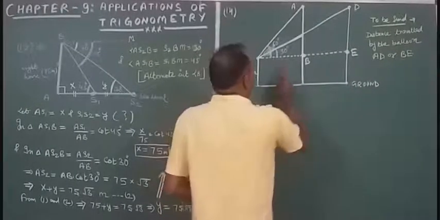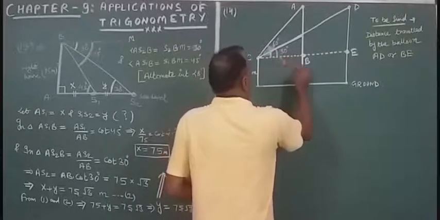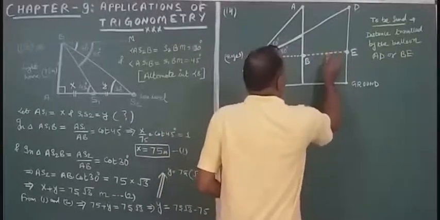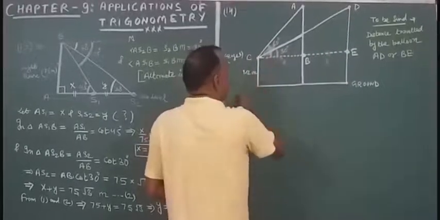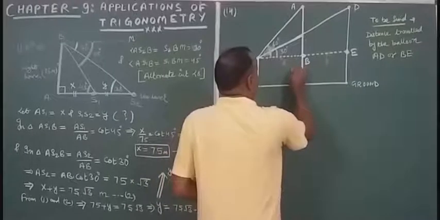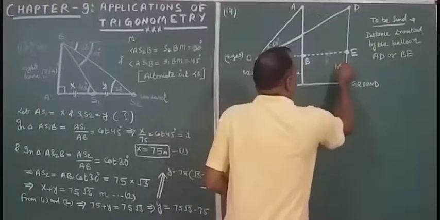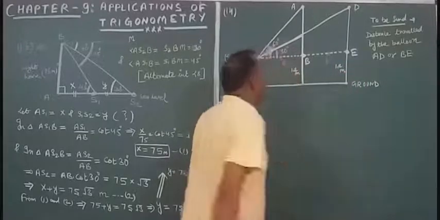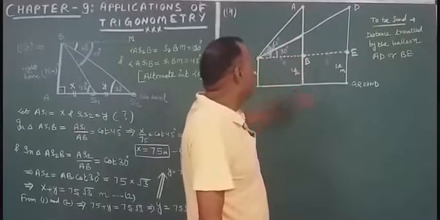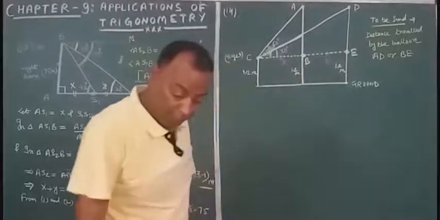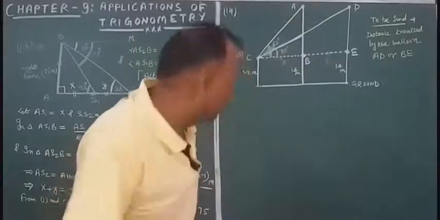Okay. Now just look here. Let this BC is equal to small a and this BE is equal to small b. Now just look here. If this height is 1.2 meter, this will also be 1.2 meter and this will also be 1.2 meter. What is the total height of the balloon? That was 88.2 meter.